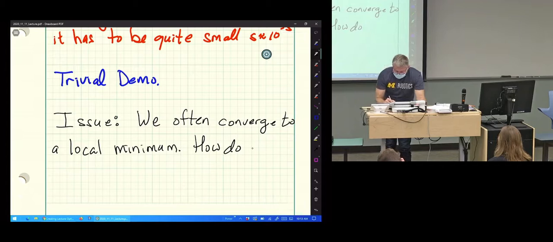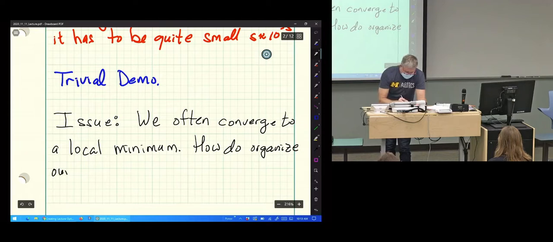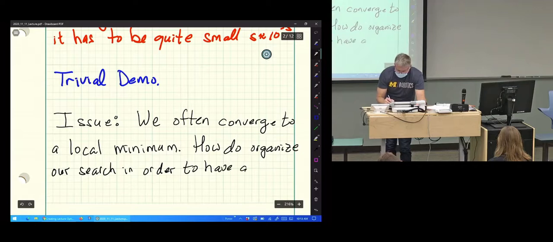How do we organize our search in order to have a better chance of finding a global minimum?